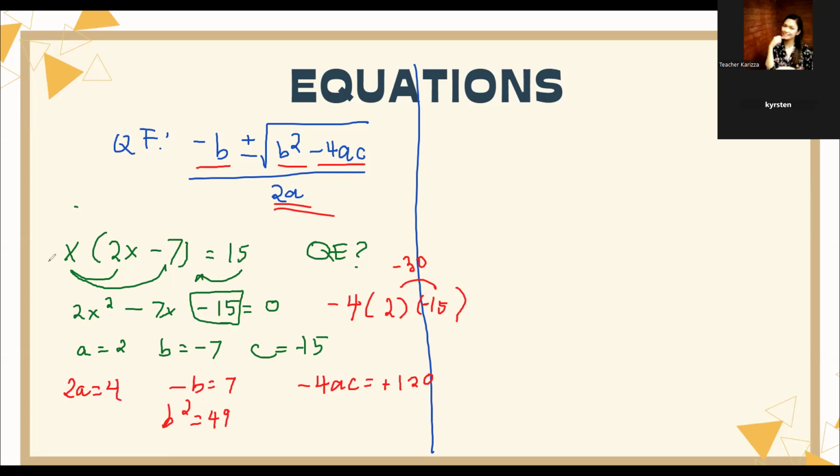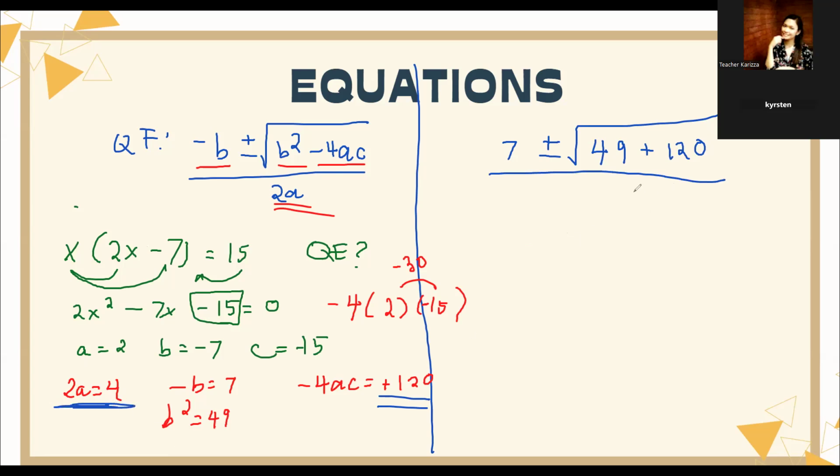So now that we have all of our components, we can just write them all down. So we have negative B, so 7, plus minus square root of B squared, that's 49, minus 4AC, which is positive 120, then over 2A, which is 4. 49 plus 120 is 169.